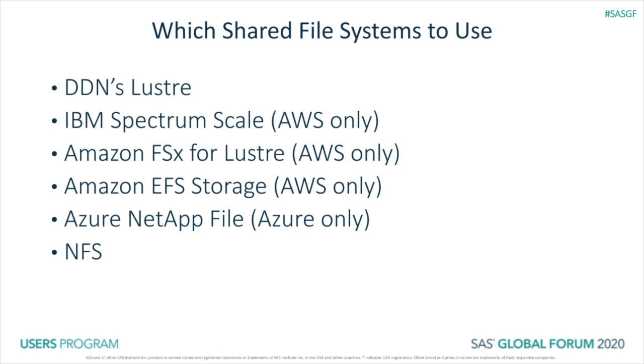We do have some customers that are successfully using NFS as their shared file system, but they're more what I'll consider smaller customers than what the typical customer is. So if you've got large volumes of data, if you have large amounts of writes that have to happen to the shared file system, I would not recommend using NFS.